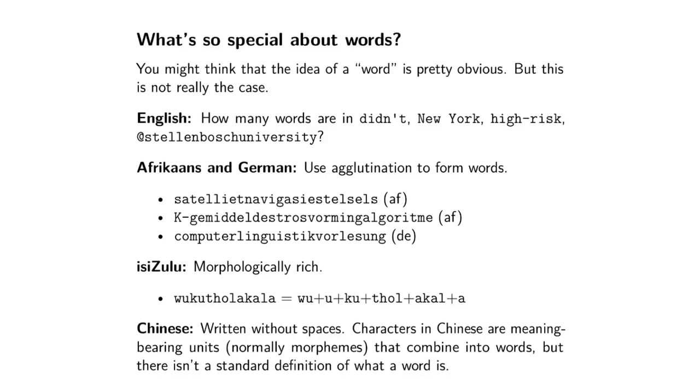Other languages like German and Afrikaans use agglutination a lot, which means that you take two words and, when you're writing them out, write them as one thing. One word is the rule in Afrikaans. So you end up with words like satellietnavigasiestelsels, really, really long. K-gemiddelde trosvormingsalgoritme, that's k-means clustering in Afrikaans, for some reason.